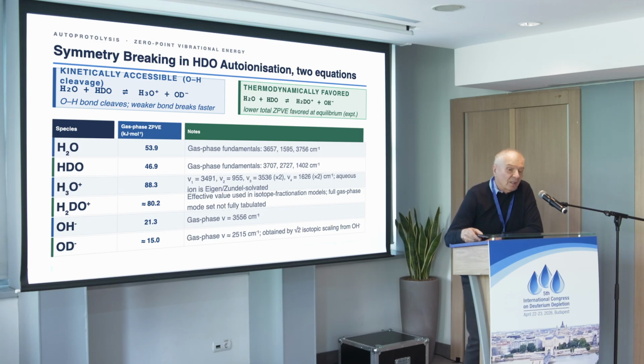But here, deuterium introduces three new compounds: HDO naturally, H2DO+, and OD-. I don't go into the details now because I think that's not that important.